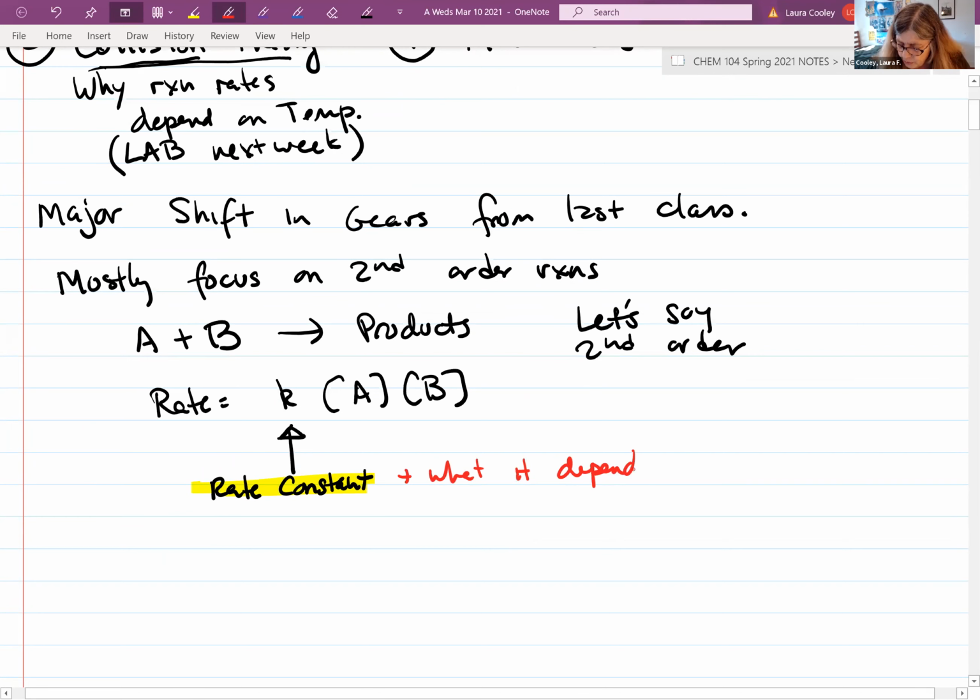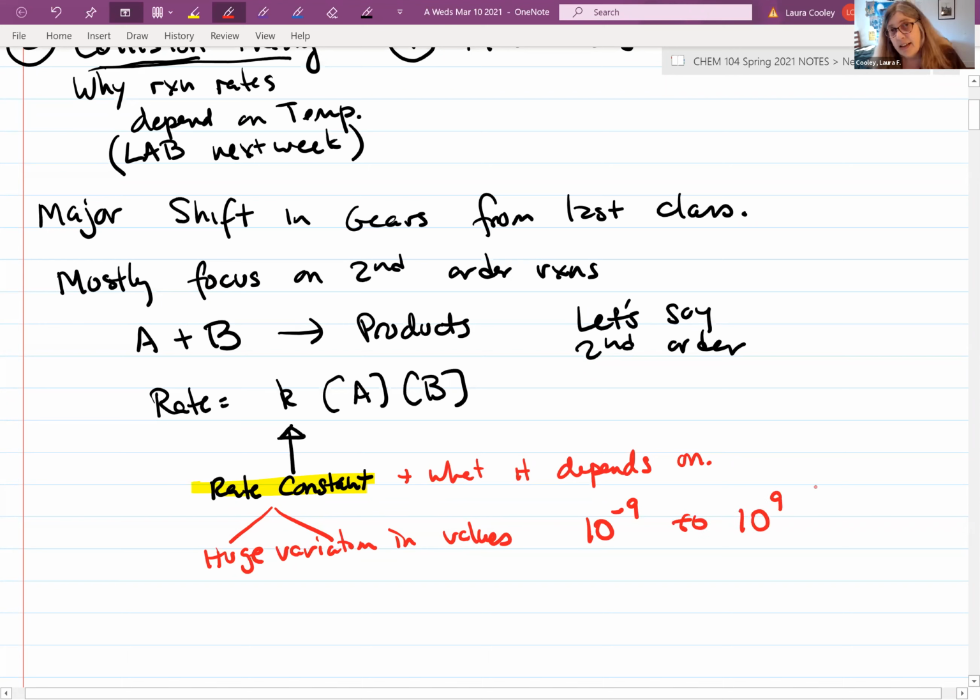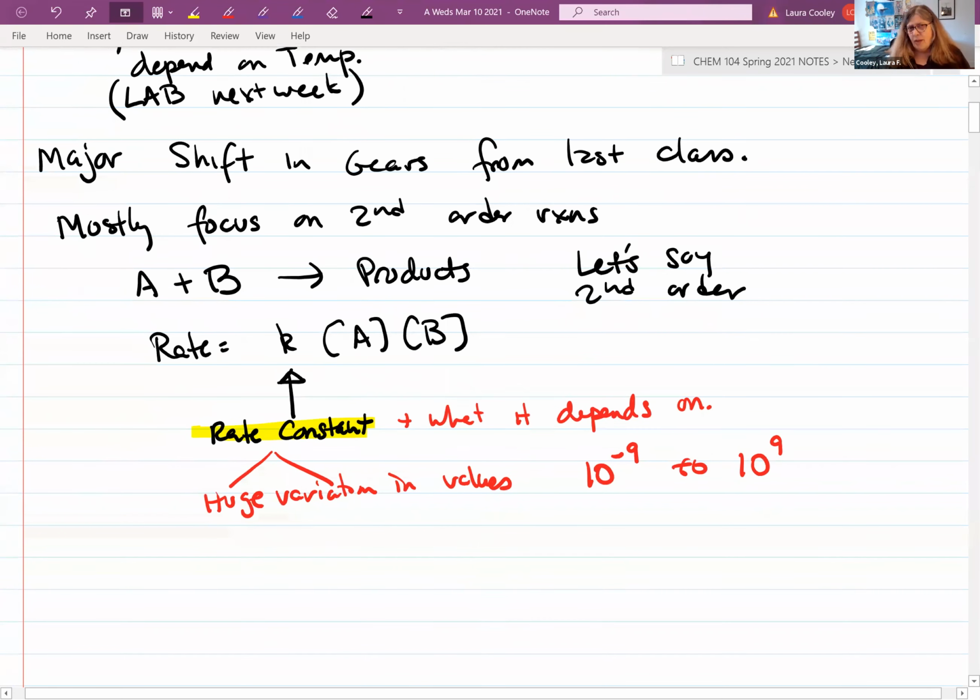The reason we spend so long on this, one full big class, is that these rate constants have a huge variation in their values. They can be 10 to the minus 9th to 10 to the 9th, even 10 to the 10th. I mean, look at that.